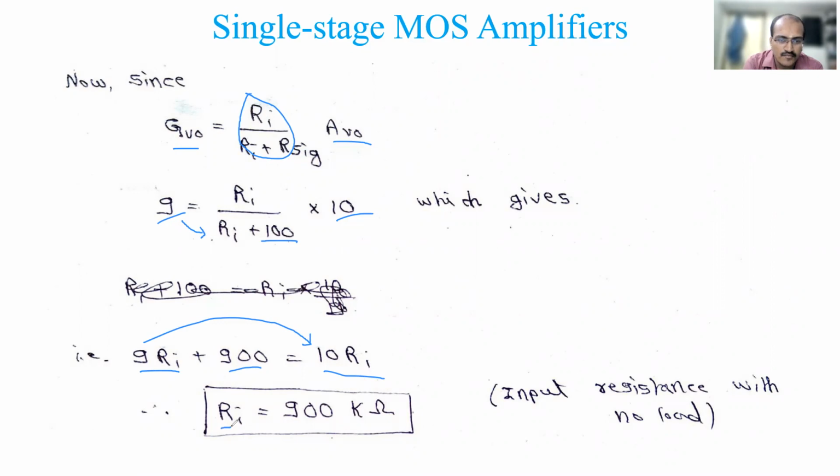If you are not able to remember that, write 10 to the power minus 3 and 10 to the power 3 everywhere, and you will not miss the answer. So Ri is equal to 900 kilo ohm. This is the input resistance with no load. Firstly, we are calculating all the no load aspects; then we will consider the load aspect. Hope you have understood this. The only thing is you have to remember the relationships.